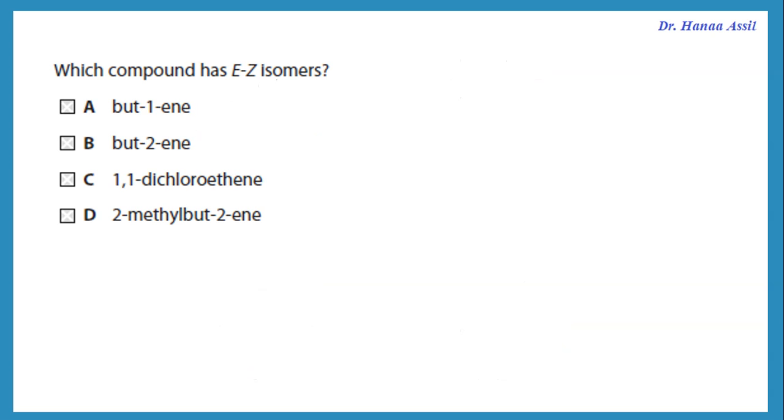So which compound has EZ isomers? Remember, we said in order to have an EZ isomer in the first place, we must have the carbons on both sides of the double bond, each of them bonded to different groups. So if I draw but-1-ene, this is but-1-ene. Now where is the double bond?